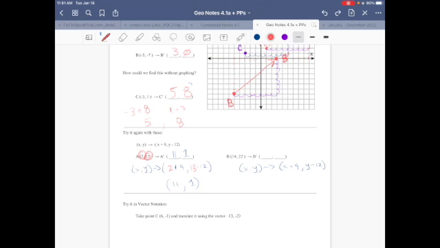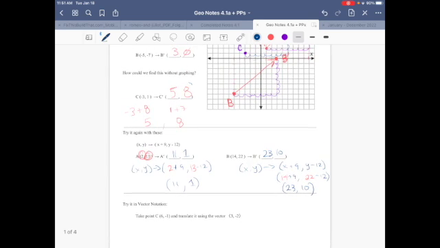So I'm going to plug that in. 14 plus 9 is 23. 22 minus 12 is 10. So B prime is going to be at this point here, 23, 10.